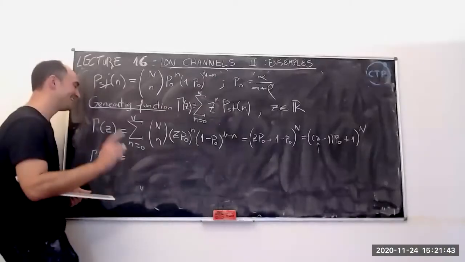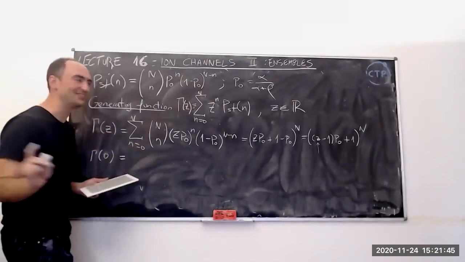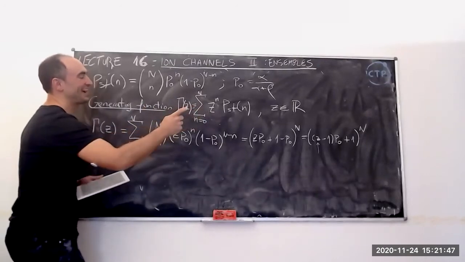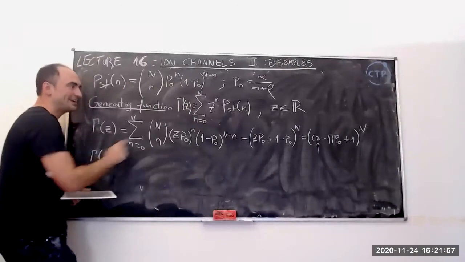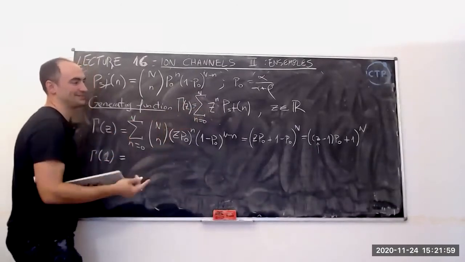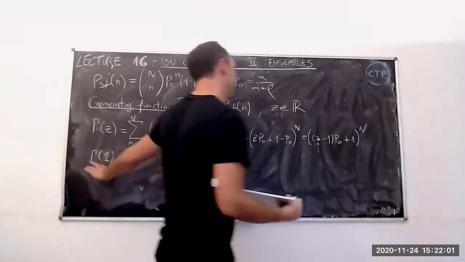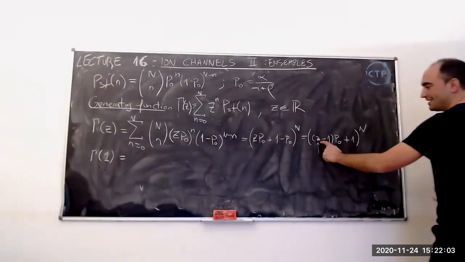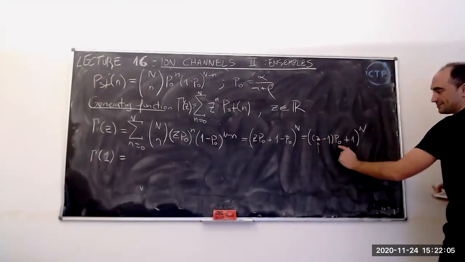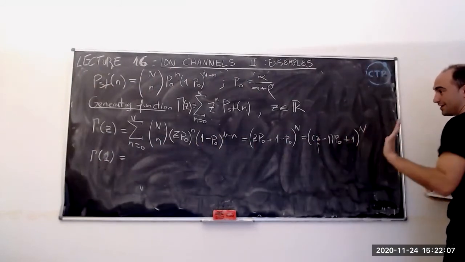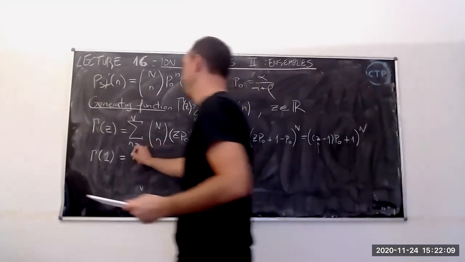Z equal 1 gives 1 to the power n, so it's the normalization. If I put Z equals 1, this is 0, and 1 to the power n is 1. Okay, fine.